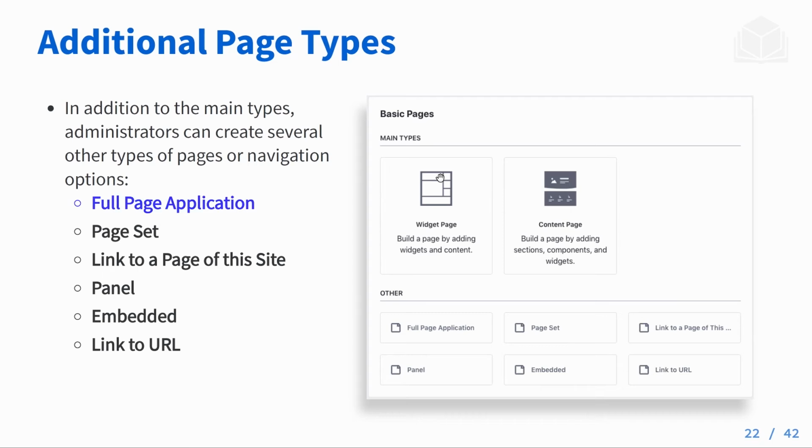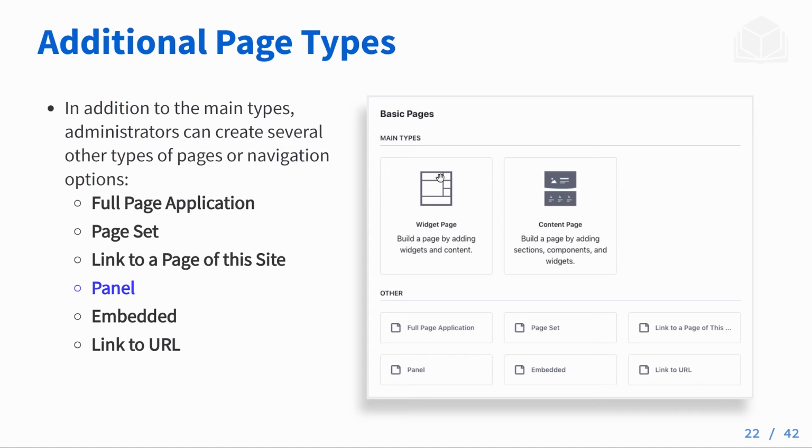The first one is full page application, which is kind of self-explanatory. This is where you use one application, such as blogs, and it's going to be the entire application on that page. The second one is going to be panel. Panel means you have multiple widgets on a page, and then on the left side, you also have sort of a table of contents panel that lets you quickly jump to a specific widget.